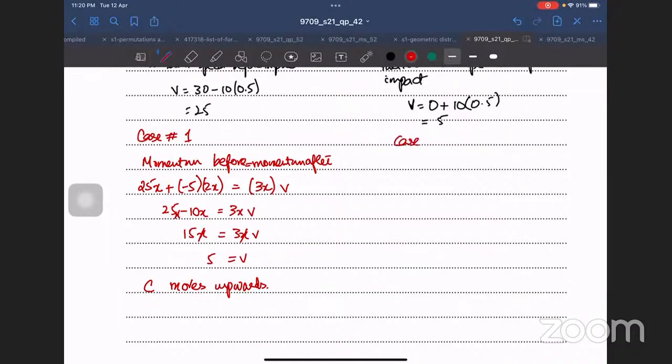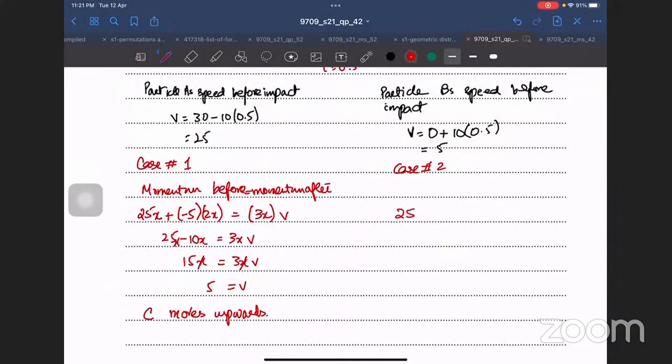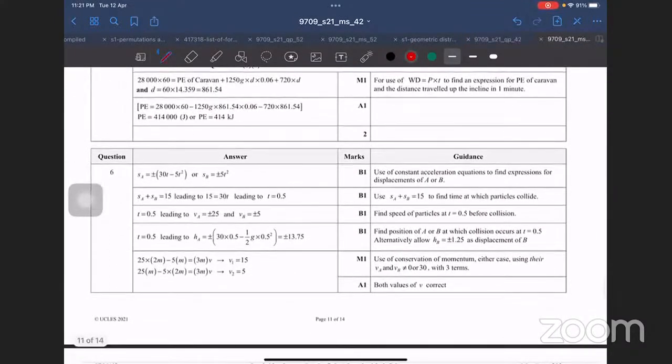Case number 2 is 25 into 2x minus 5. I just want to check if I have the speed of B correct. Yes, I have that correct.